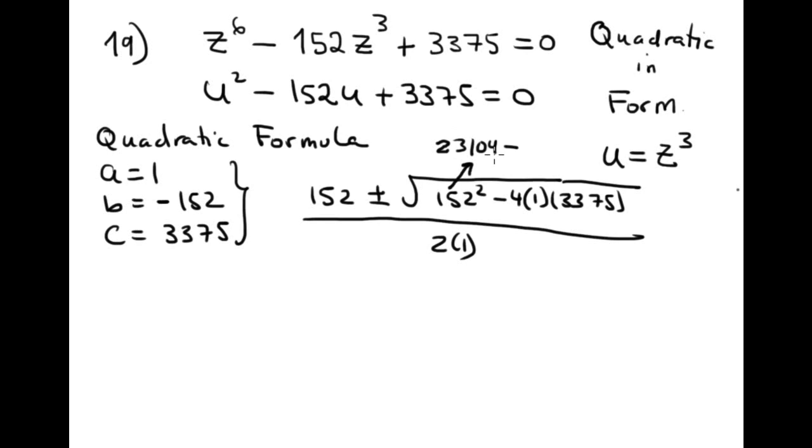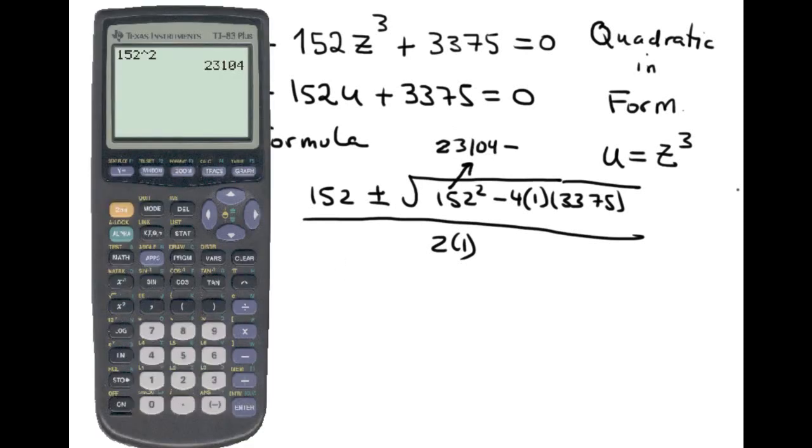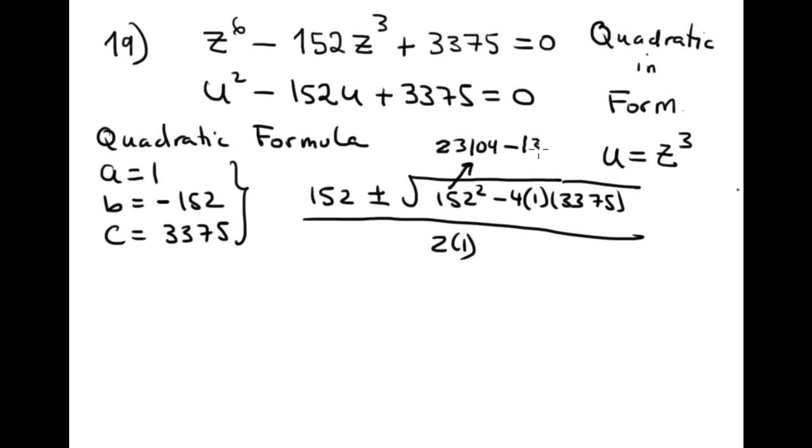Minus 4 times 1 is 4, 4 times 3,375 is 13,500.